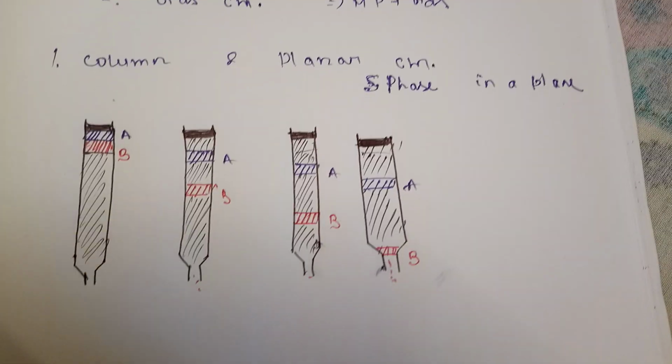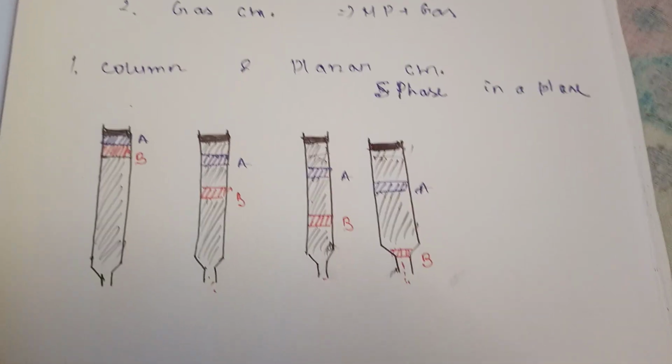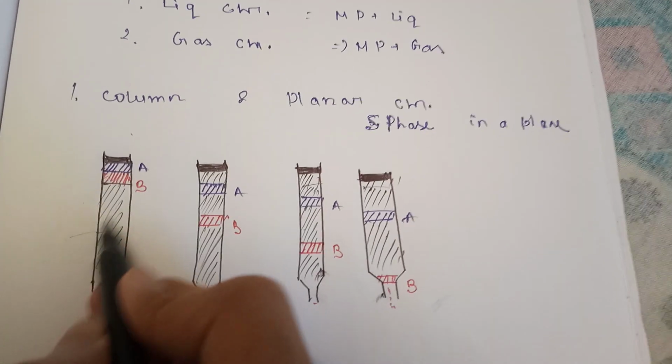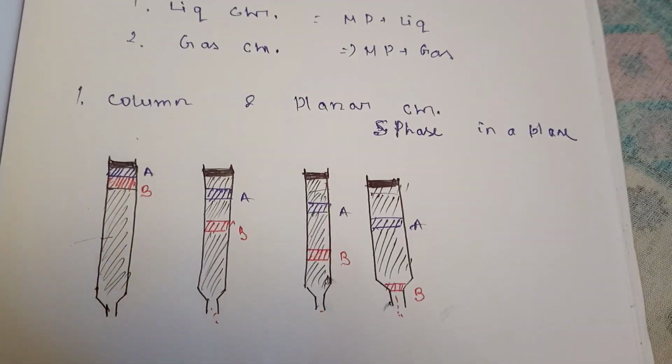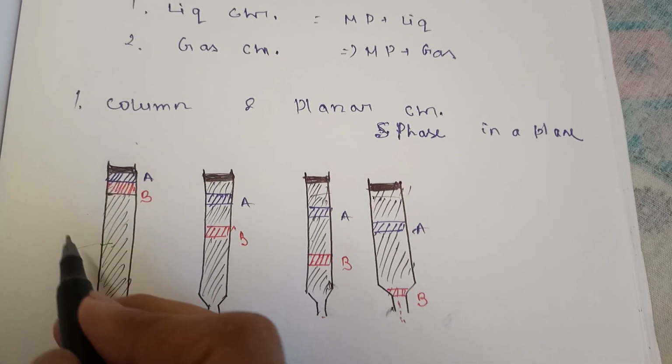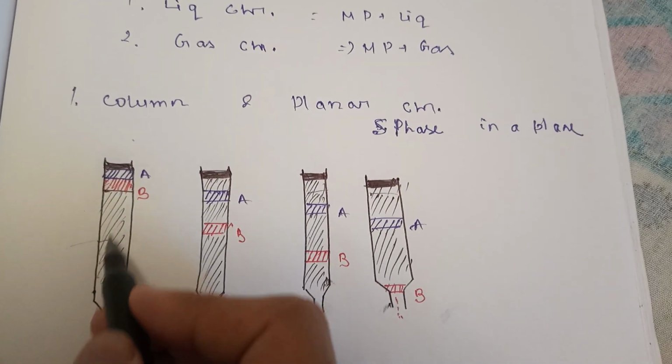Here in this diagram you can see an example of column chromatography. So what is happening here? Here there is solvent, that is the mobile phase. Okay. Now in this solvent there will be stationary phase that will be suspended in the solvent.